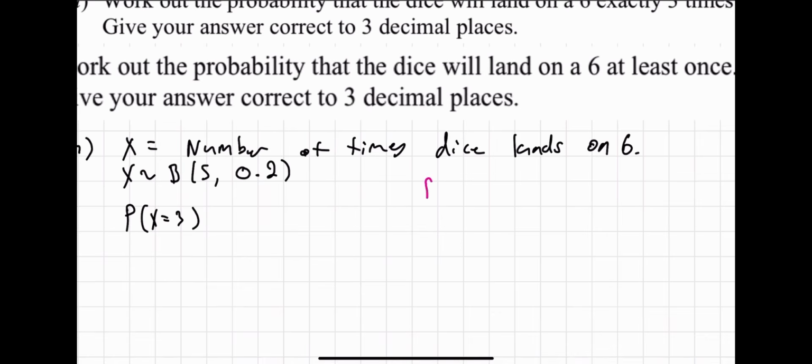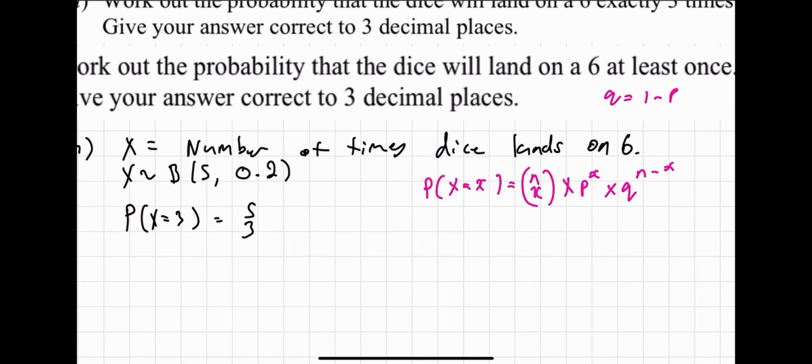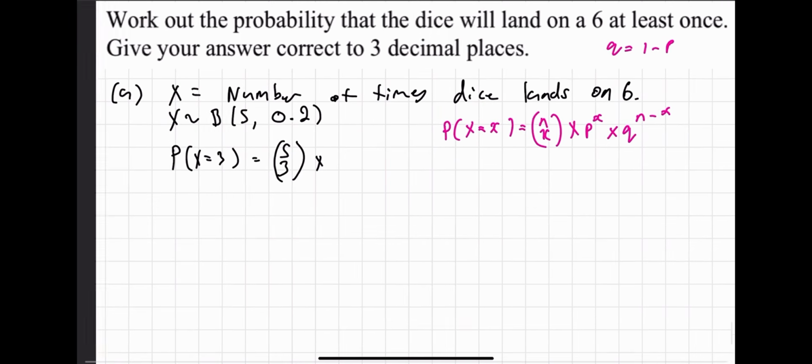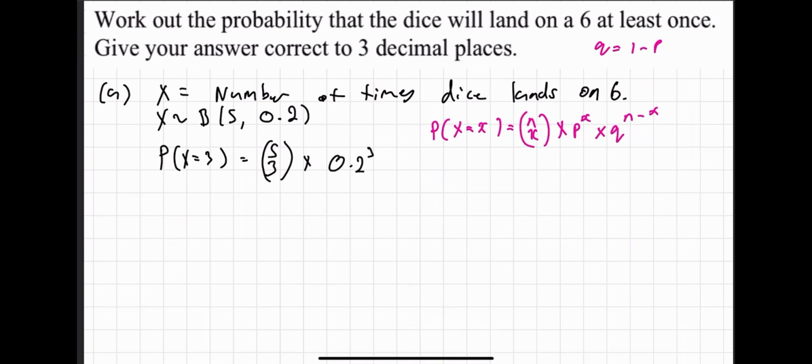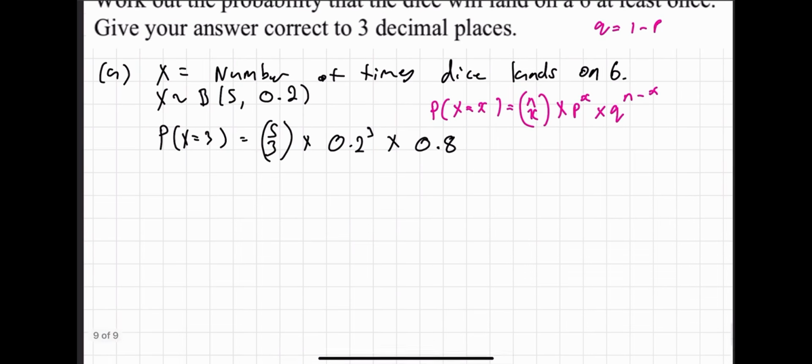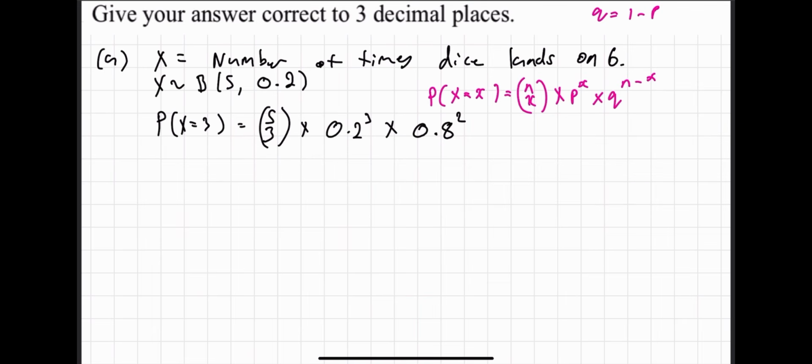Remembering that the formula is the probability that x equals n choose x times lowercase p, probability of success to the power of x, times the probability of failure, q, to the power of n take away x, where q equals 1 minus p. So the probability of x equaling 3 is 5 choose 3 times 0.2 to the power of 3 times 0.8 to the power of 5 take away 3, which is 2.